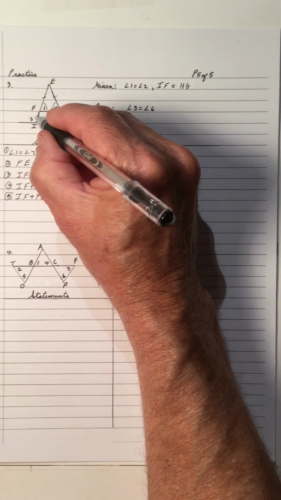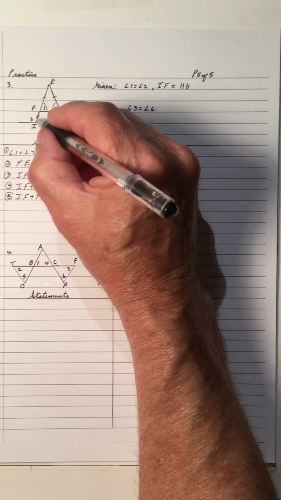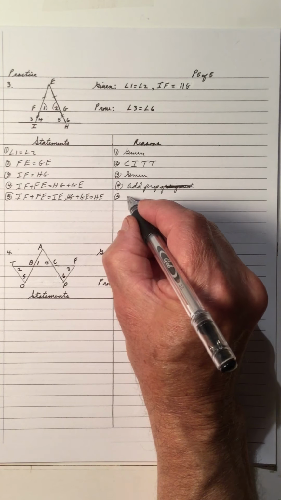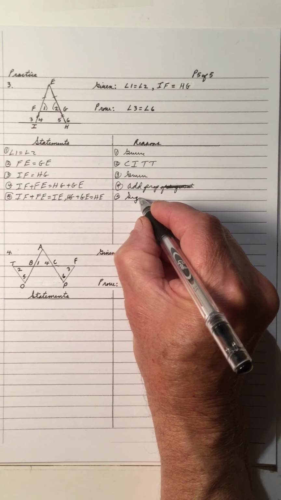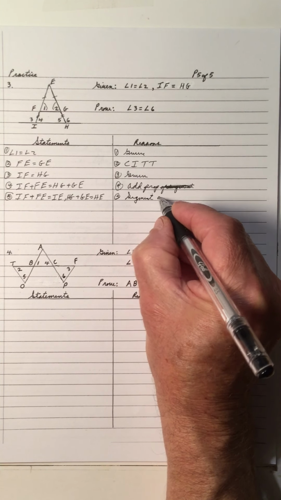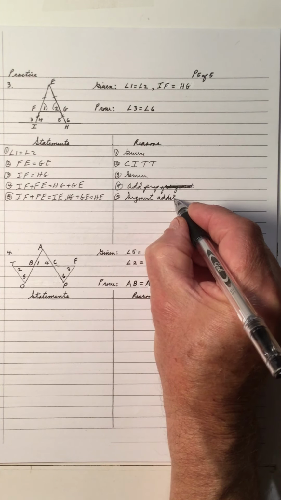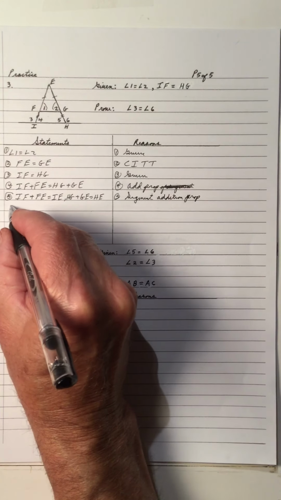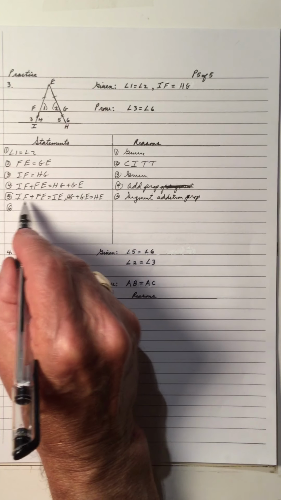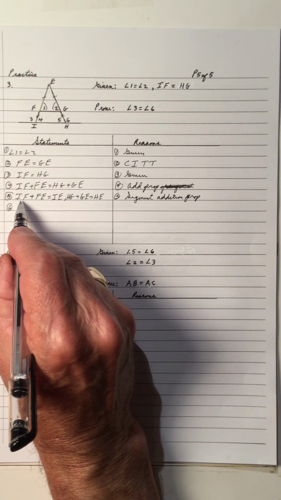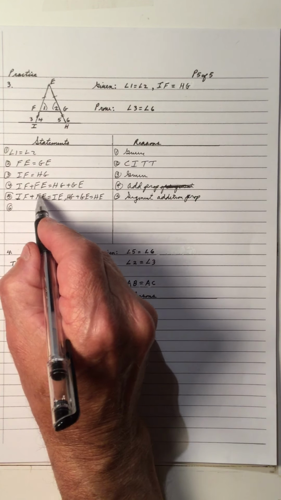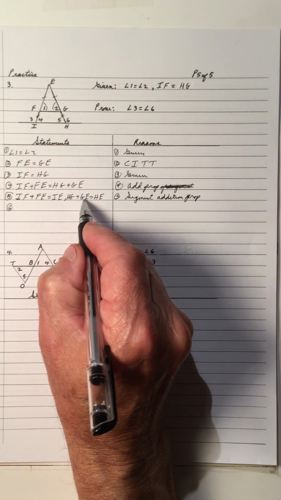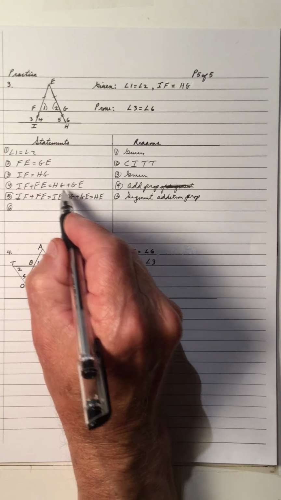So these two segments will add together to give you IE, and these two will add together to give you HE. So that's the segment addition property. As a result, IF and FE are right there, and HG and GE are right there.